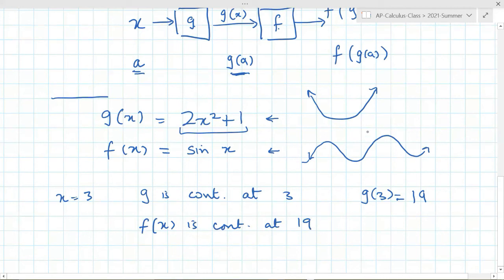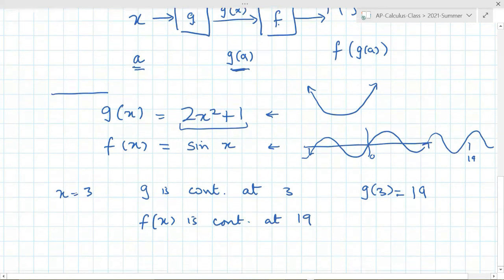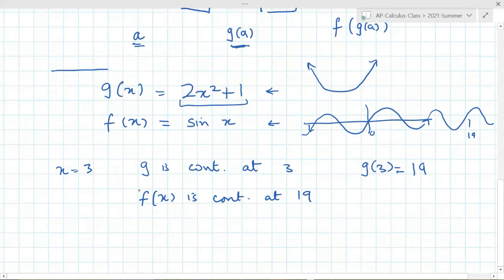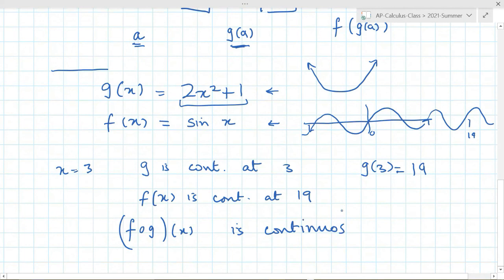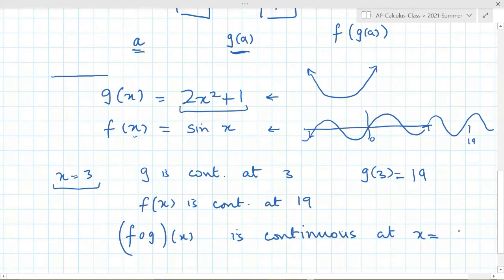And no matter what you take, 0, so 19 is somewhere here. It's continuous because it's just repeating that same pattern. So f of x is continuous at 19. Therefore, by the composite function property, f of g of x is continuous at 3.